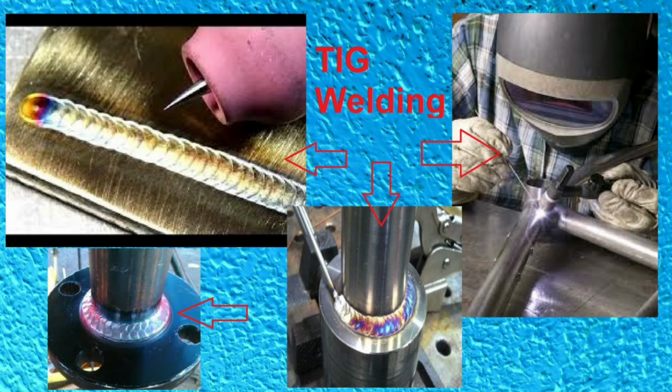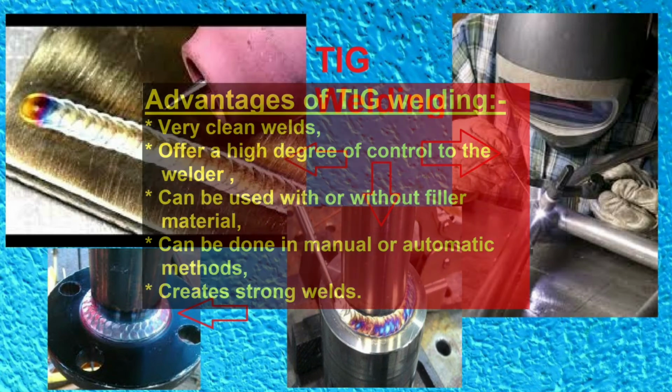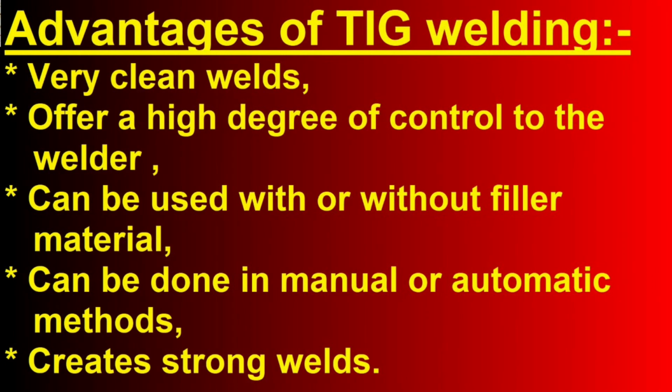Here are some advantages of TIG welding. Number 1, TIG welding offers a solution for welding critical joints and for situations where small or exceptionally precise welds are required.